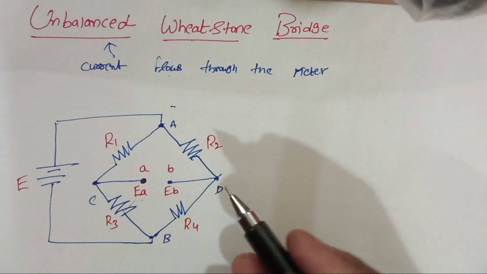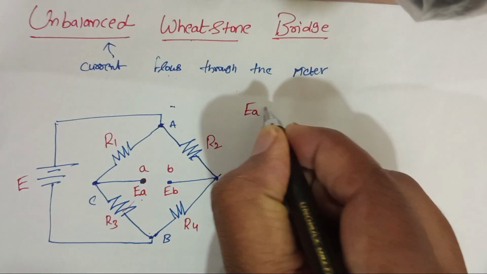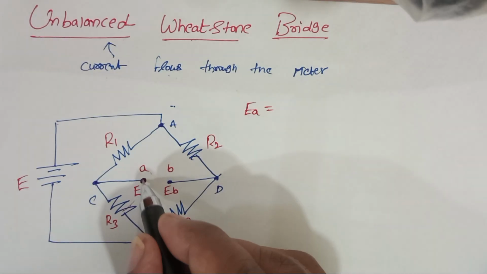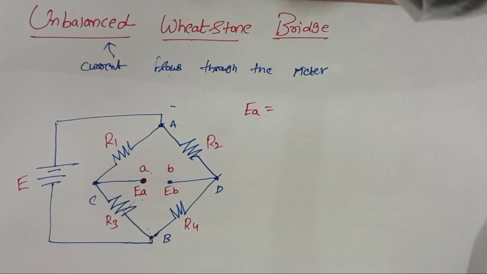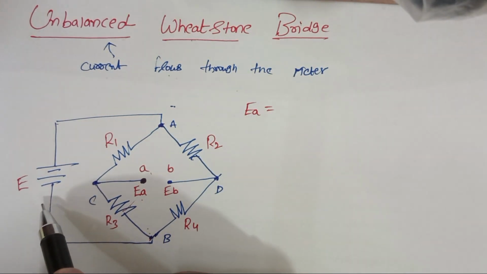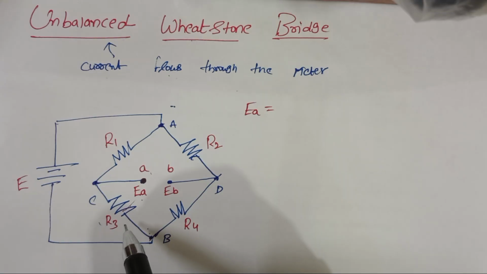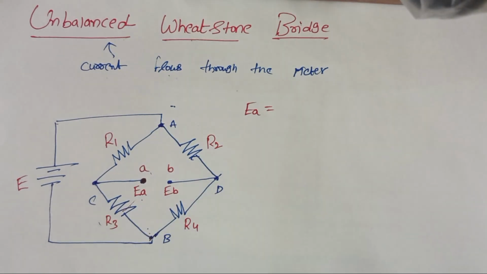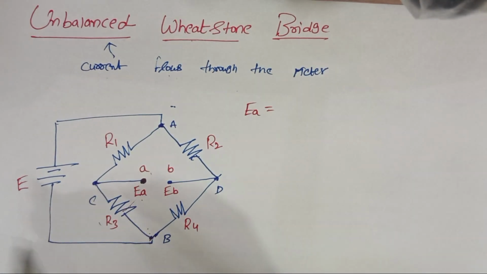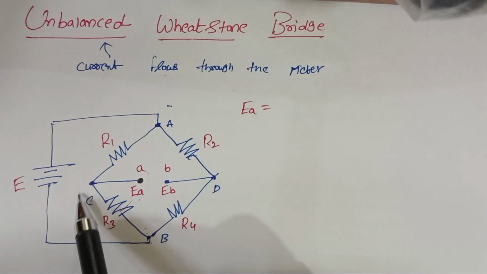The potential at point A is found by the voltage divider formula: the applied voltage times the resistance across which we calculate, divided by the total resistance. That is how much voltage we are applying, and then across which resistance we are calculating the voltage.